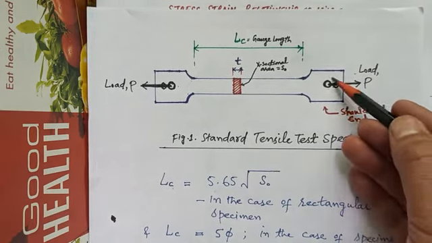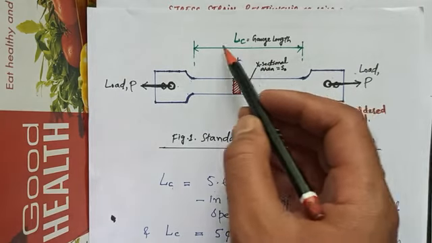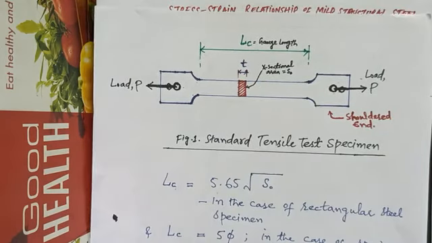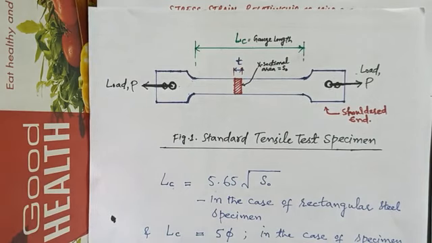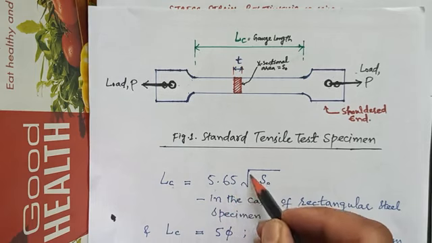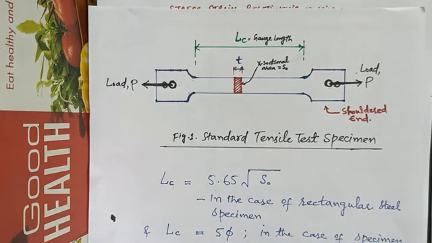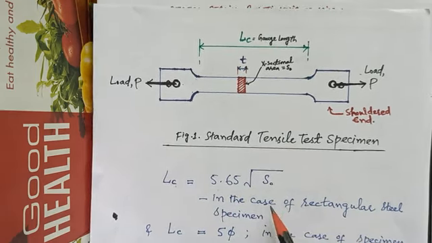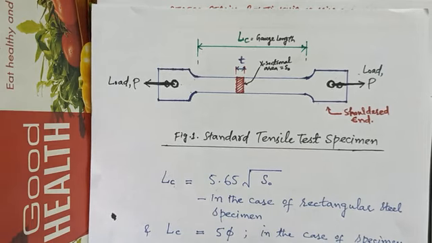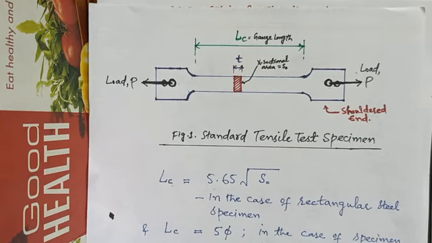This is the shouldered end, and this is the gauge length, which is denoted by Lc. Gauge length is given by 5.65 root S0, where S0 is the cross sectional area of the specimen in the case of a rectangular steel specimen, and Lc is 5 times the diameter of the specimen in case of a specimen with a circular cross section.